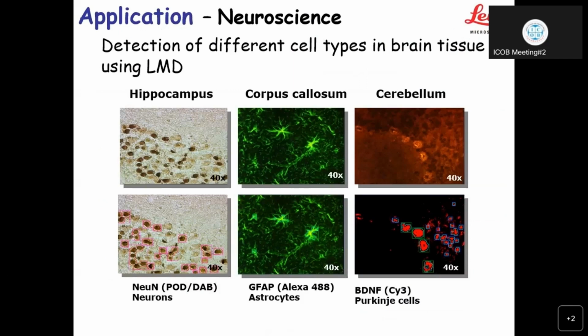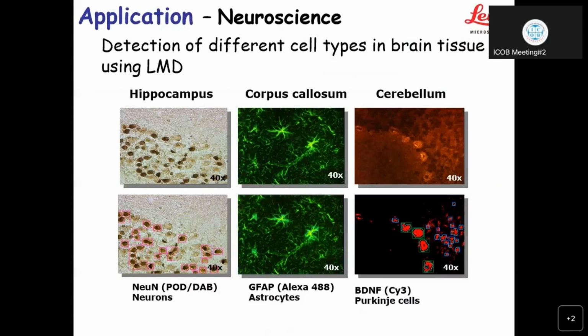Here are some examples of detecting different cells in brain tissue using LMD. The left panel is neurons stained with DAB in hippocampus. The LMD system can easily detect these brain cells.